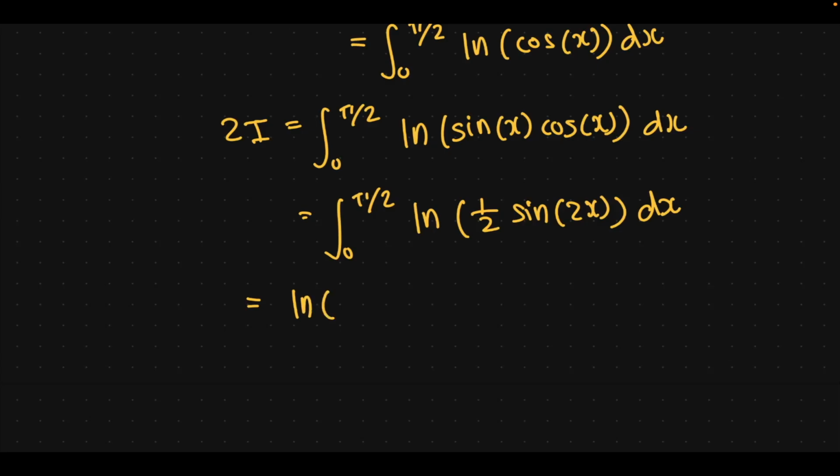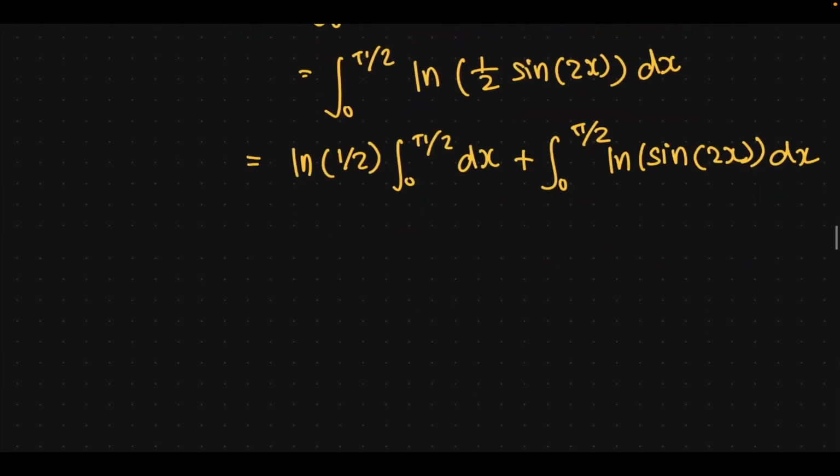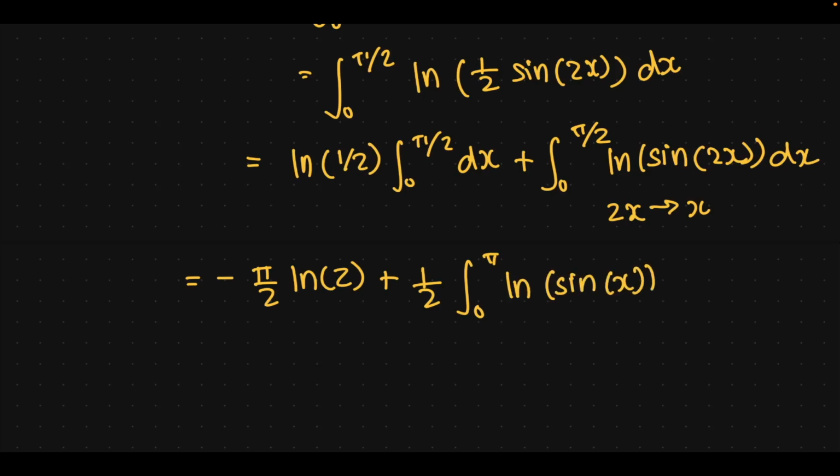So we get natural log of 1/2 times integral 0 to pi over 2 dx, plus integral 0 to pi over 2 of ln sine 2x dx. We get minus pi over 2 times ln 2 from the first one. From the second one, we do a nice trick. Set 2x to x. It gives us a 1/2 factor, integral 0 to pi in this case, of ln sine of x dx.